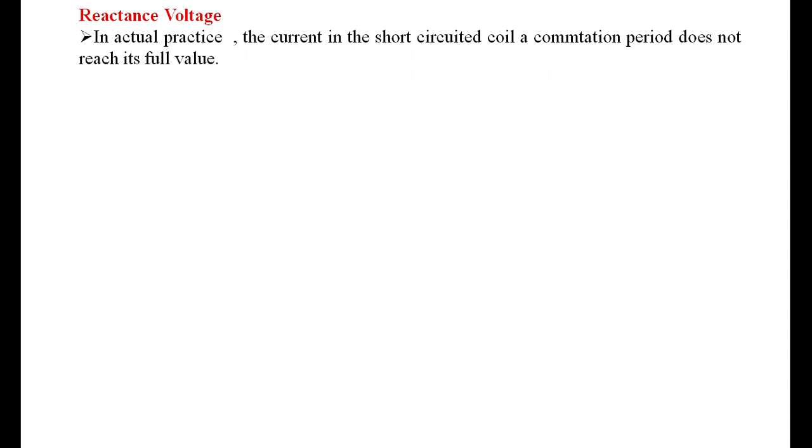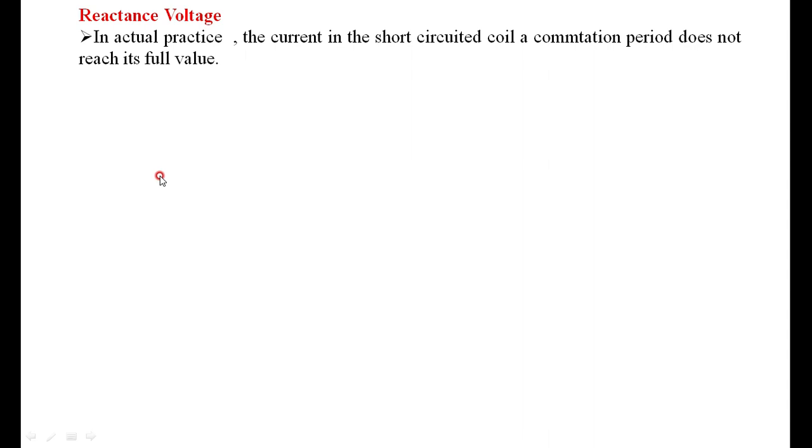What is di? That is the change in the current, from plus IC to minus IC, or plus I to minus I, or you can take an example of 20 amperes to minus 20 amperes. The time taken for this is called the commutation period, which we call TC. Then how to find this reactance voltage, we will discuss.